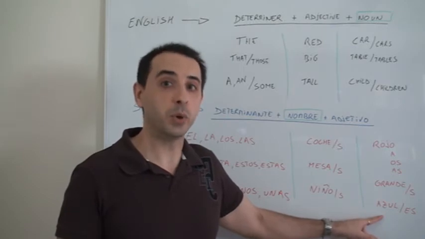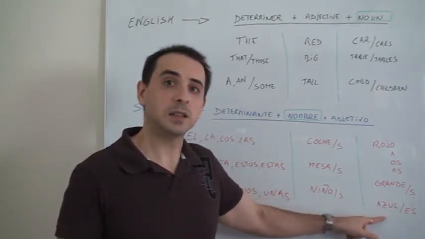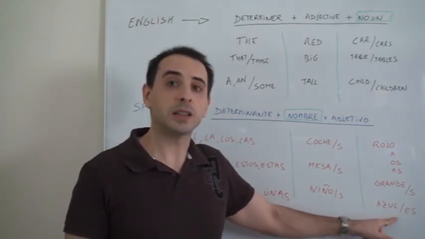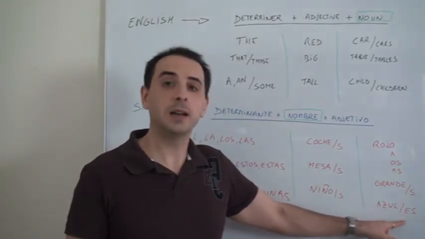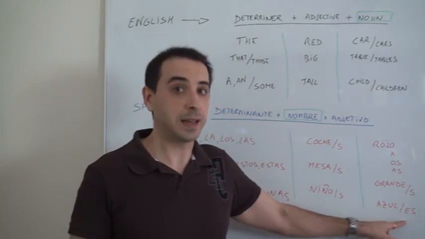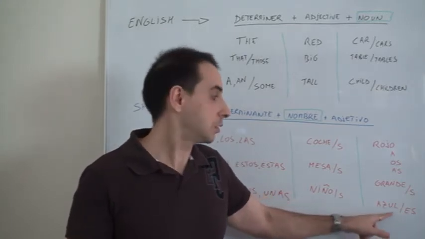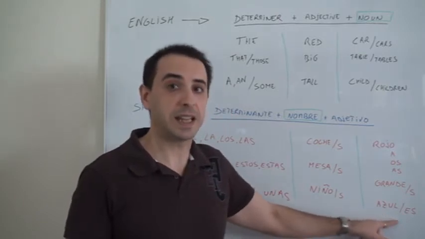Azul means blue. Okay, this one is special, and when an adjective or a noun ends with a consonant, to make the plural we don't just add an S. We add also an E. So the plural of azul will be azules.